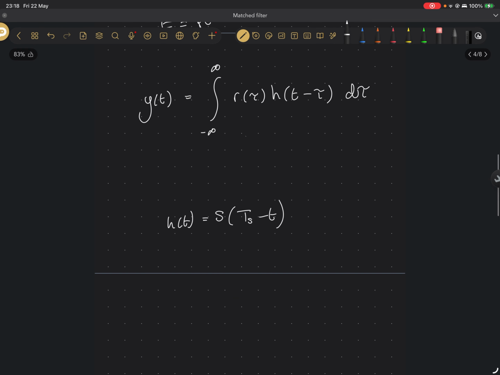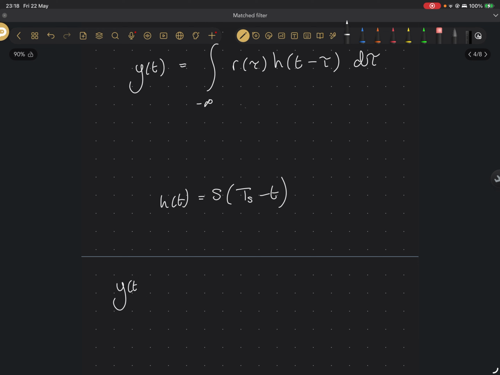So if we apply this to our formula, we see that y of t is equal to the integral from minus infinity to infinity of r of tau s of, because h of t is just the reversed time and time shifted. So when we apply that over to our convolution formula, we have s of ts, which is shifted, and then for the time reversal, minus t minus tau, d tau.